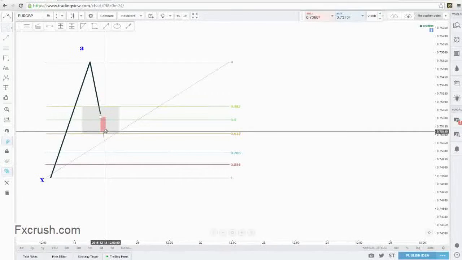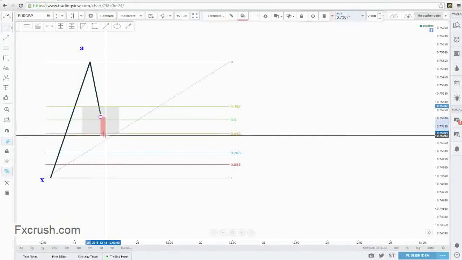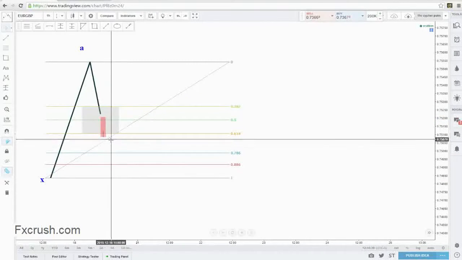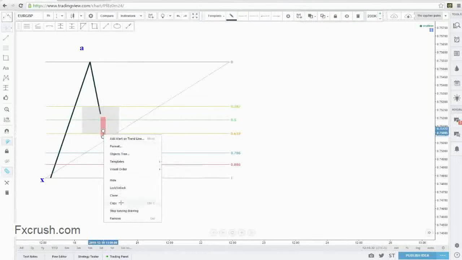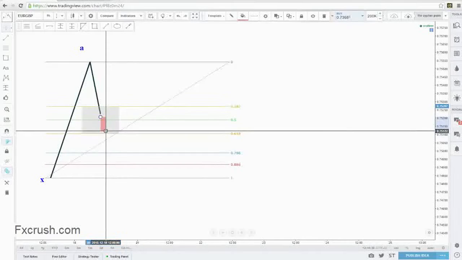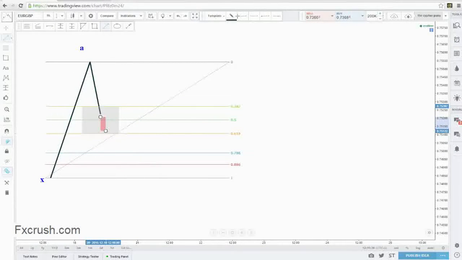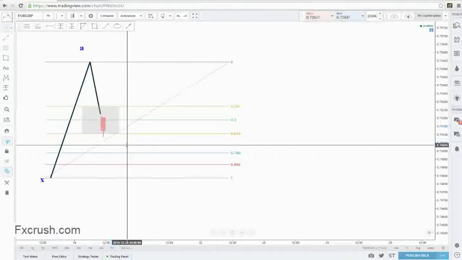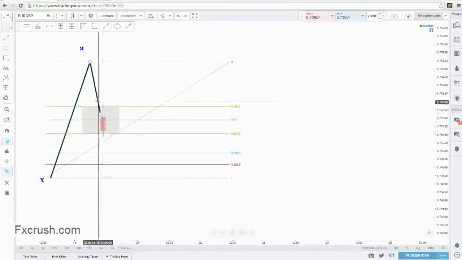But if we come down and the body of the candle closes below the 618, that invalidates the pattern. So this would not be a cipher pattern. This would still be a cipher pattern. I hope you understand that.